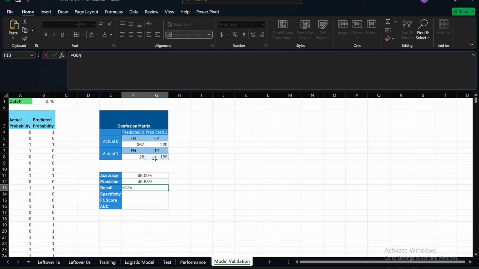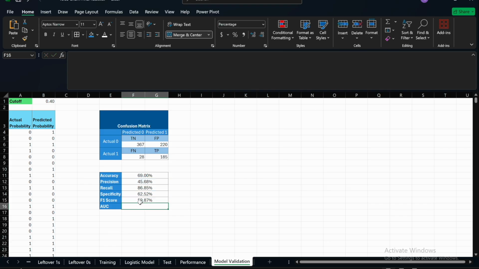We calculate true positives divided by false positives plus true positives. This is pretty high, and we need to keep this high. Specificity is found as well as the F1 score. The F1 score is basically 2 times... these are model validation metrics.